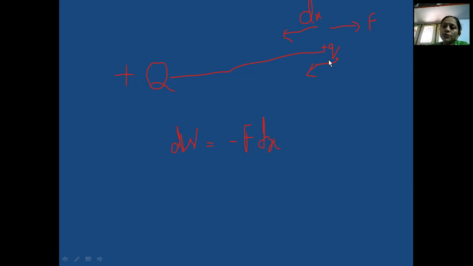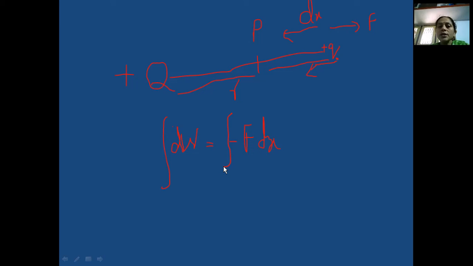Now suppose we are bringing this charge to a point P, which is at a distance r from plus Q charge. Then in order to find the total work done, we can use the integration formula.